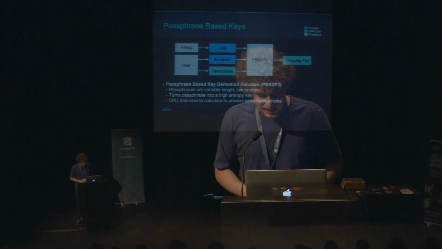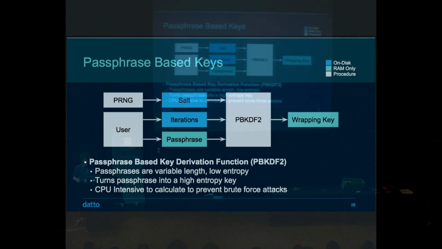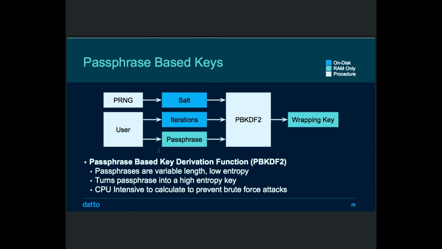So what we're going to do to fight that is something called PBKDF2. PBKDF2 turns a passphrase into a usable key. We're going to run this function, and the function is designed to be very, very hard to compute. It's going to take a whole bunch of iterations, and it's going to generate this key at the end of it.